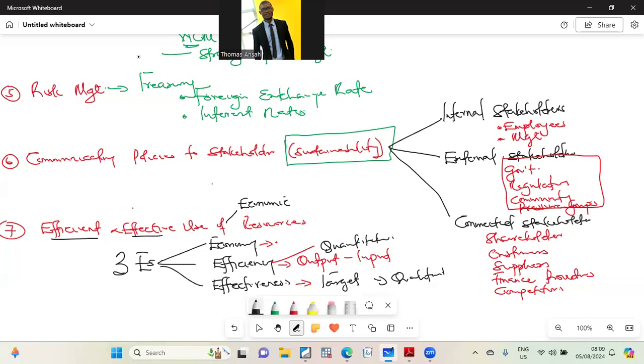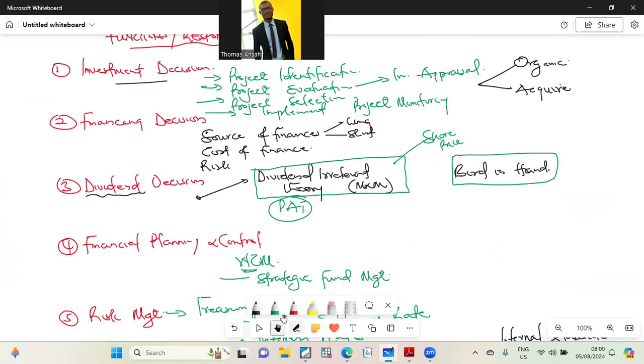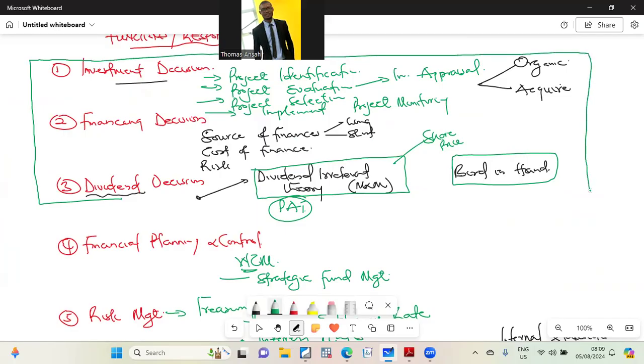Now, the examiner normally says explain 3 functions. Now, when it comes to these main 3, there is also an argument. I remember when I was writing advanced financial management, that was my question: discuss the interplay between these three major decisions.